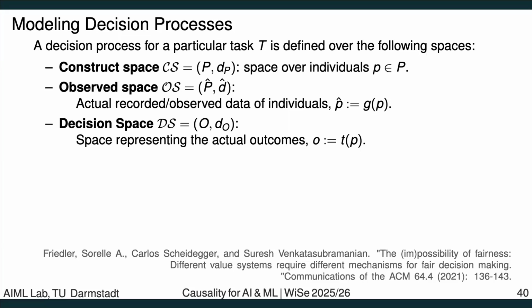Then we have an observed space, which is really the data that we are able to observe. And then we have a decision space. Basically, this tells us, if I have individual entities, like individual persons from which I observe my data, how do I rate or classify, which label do I assign to them?